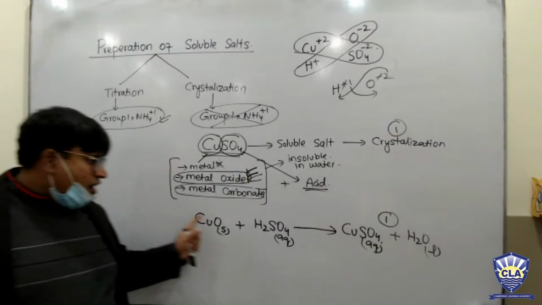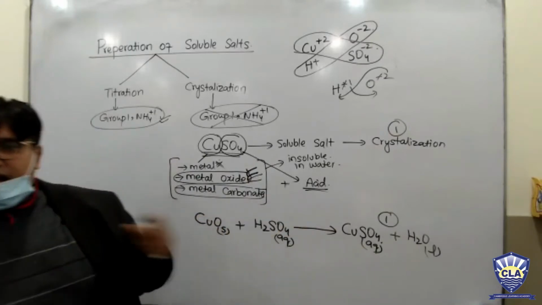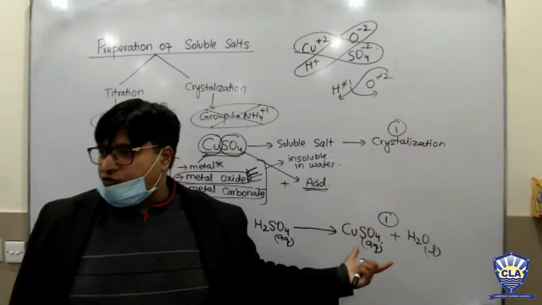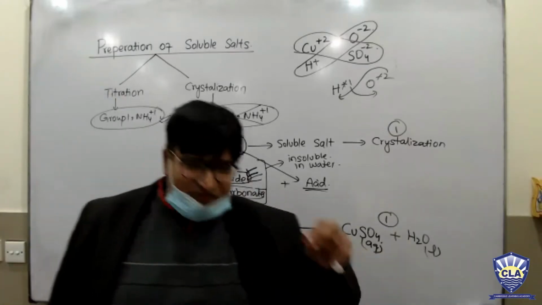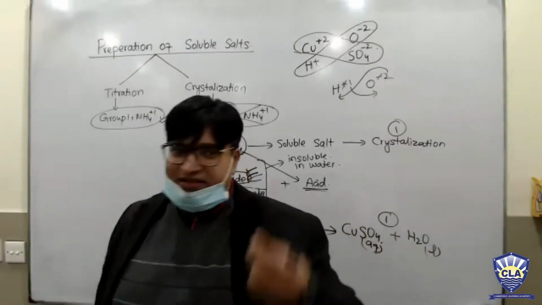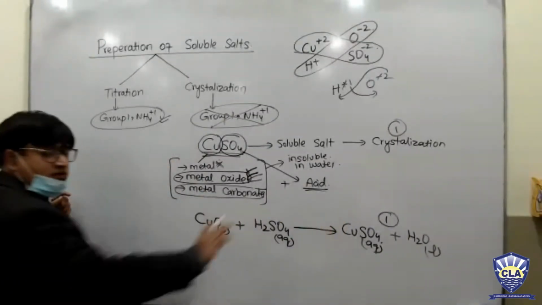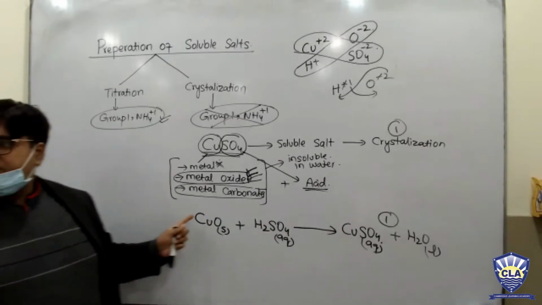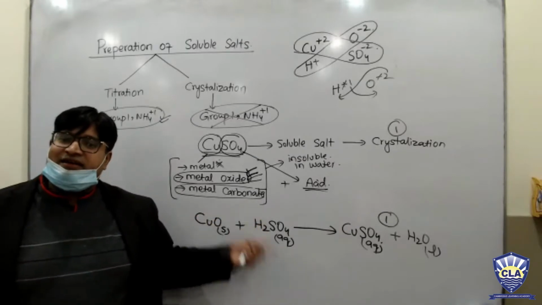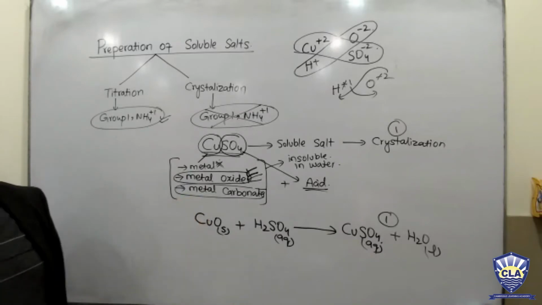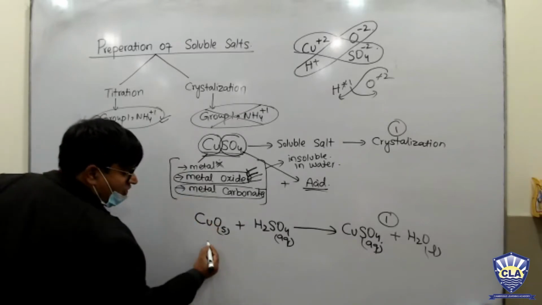And now, how could we make the ionic equation for it? Ionic equation making, I have told you there are two methods. The first method, that is the simplest method. Have a look up here in this equation. Which things are solid, liquid, and gases? Solid is copper oxide.